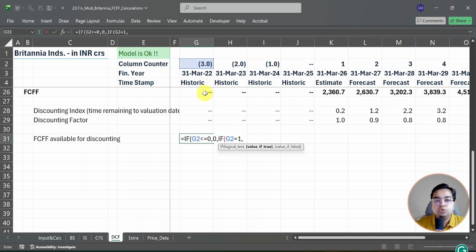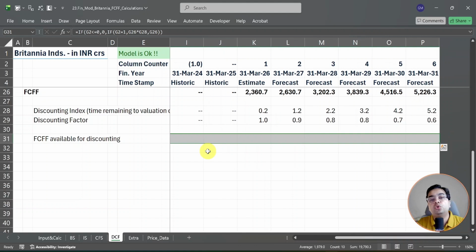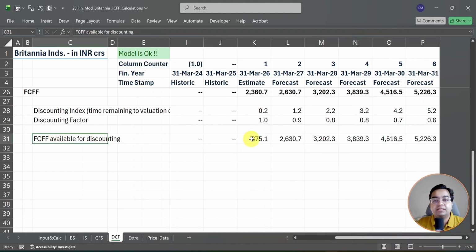If this is true, it is FCFF multiplied by the time remaining of that period, or basically the fraction of the year, comma, or else simply select the FCFF, which is G26. I close the bracket, and once again close the bracket, press tab, select the array, and press Ctrl R, and here we have the FCFF available for discounting.